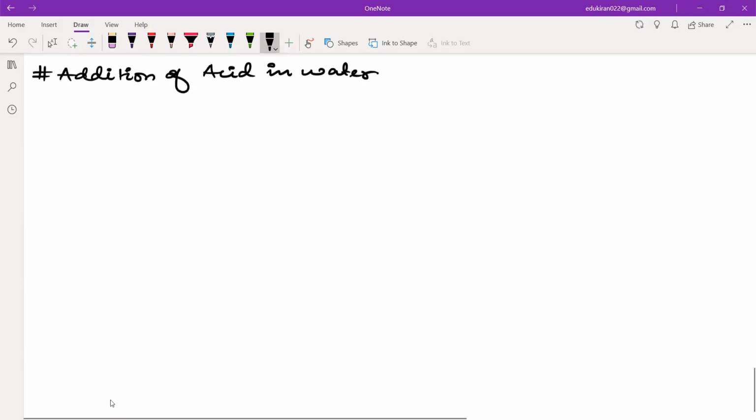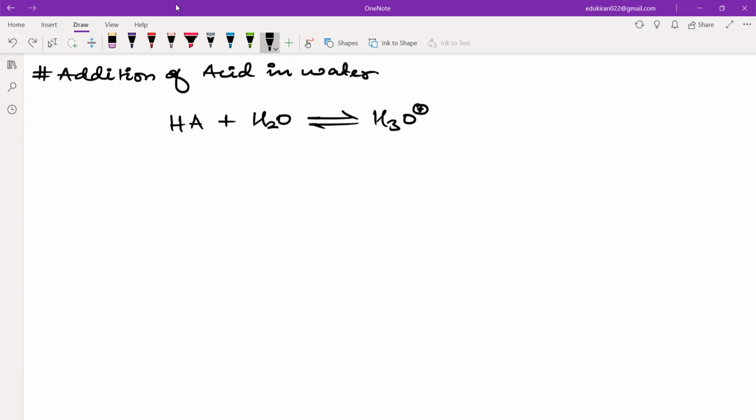Okay, so when we add acid in water, we can write an equation that HA plus H2O is going to give me H3O plus ions, H3O plus will be aqueous. H2O will be liquid. Plus A negative aqueous.